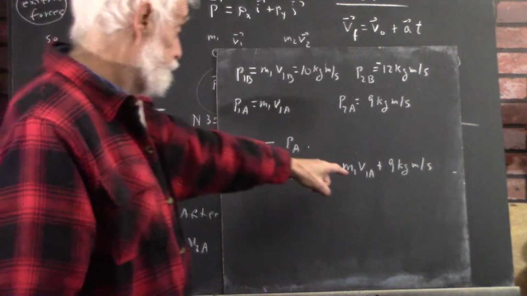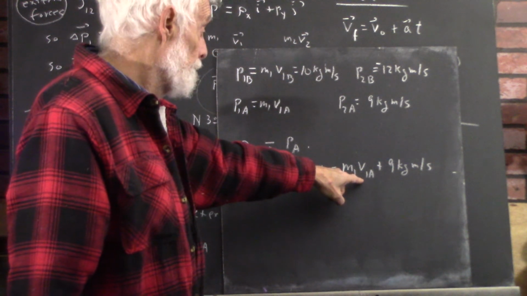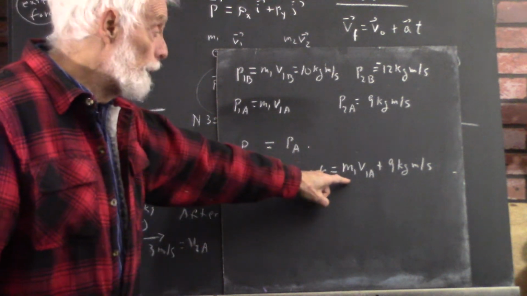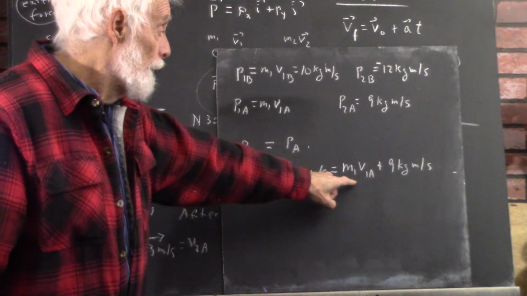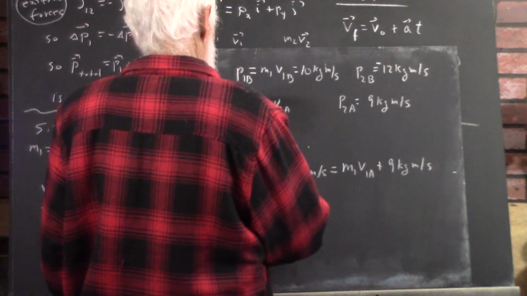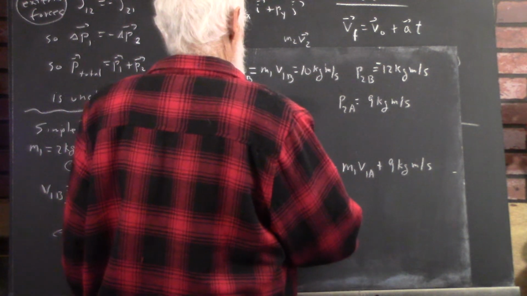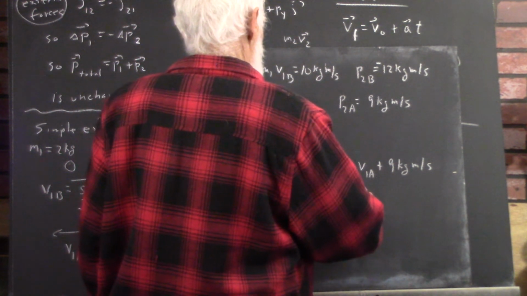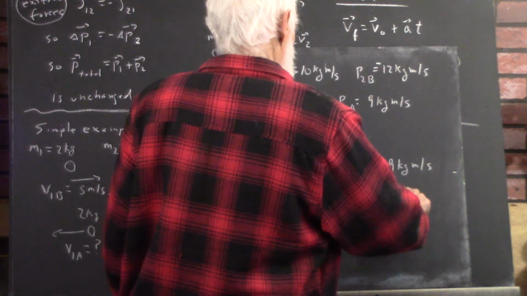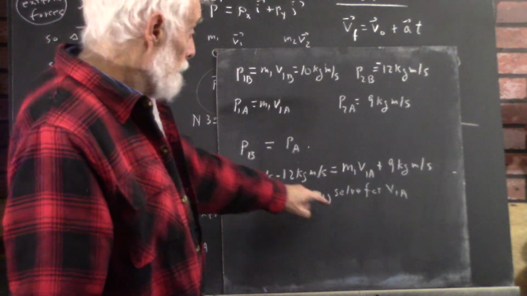Well, what we're after is V1A. The only thing we don't know, we know M1, so we can solve for V1A. This is going to give us negative 2 kilogram meters per second.